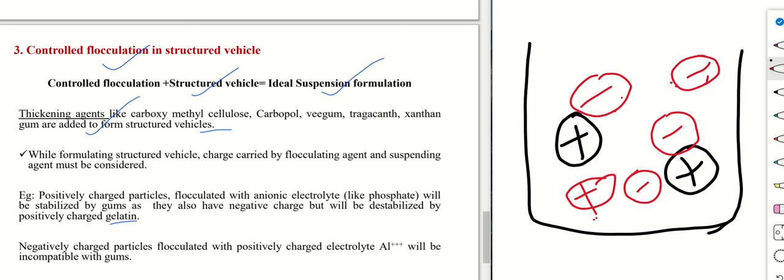Even though it improves the viscosity, gelatin carries a positive charge, and our aim is to nullify the positively charged drug particle. We should not add positively charged particles to the system again. So we should be really careful. Being pharmacists, we should make note of the charges carried by all the ingredients that we use in the formulation.